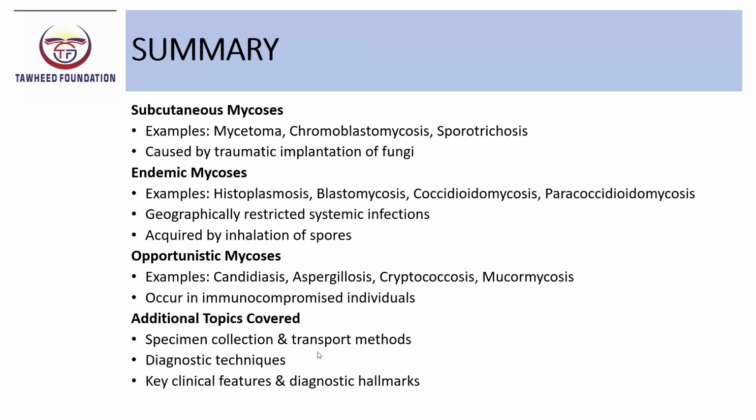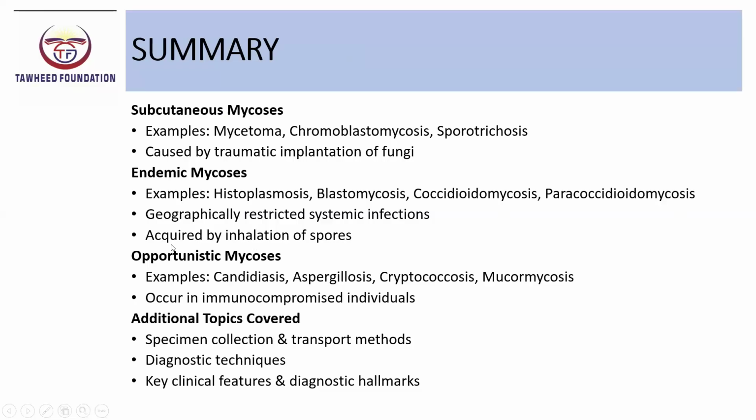Summary. Subcutaneous mycosis, examples include mycetoma, chromoblastomycosis, and sporotrichosis. It is caused by traumatic implantation of fungi. Endemic mycosis, examples are histoplasmosis, blastomycosis, coccidioidomycosis, and last is paracoccidioidomycosis.